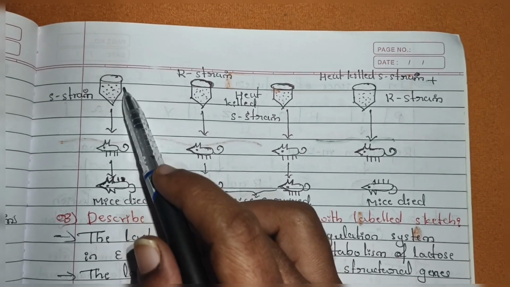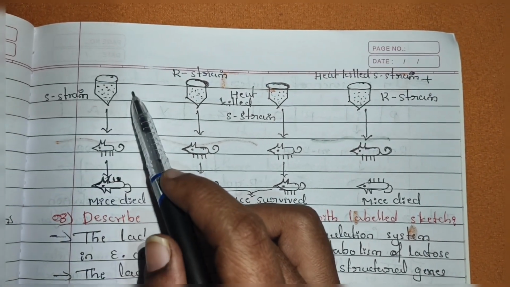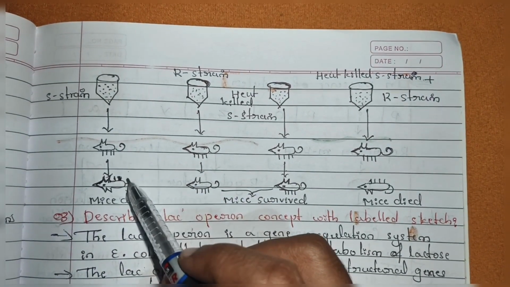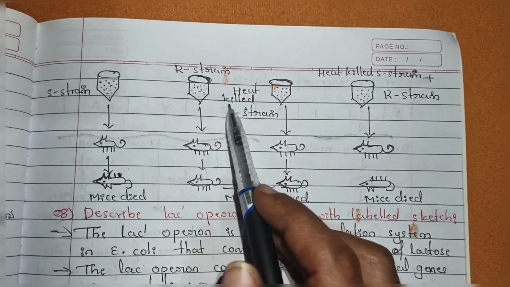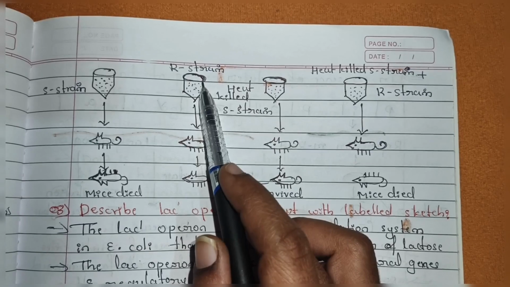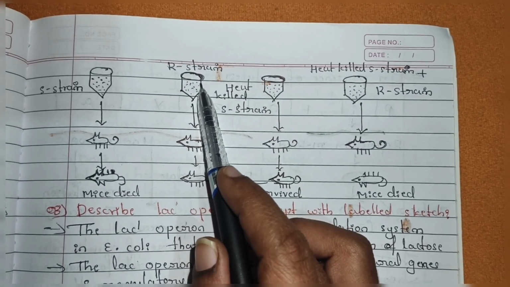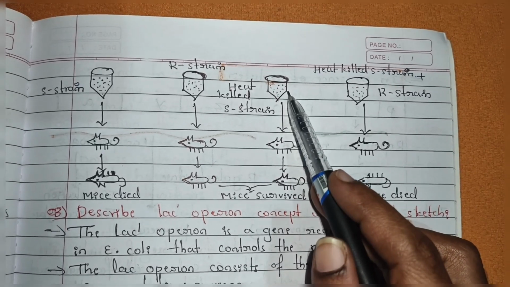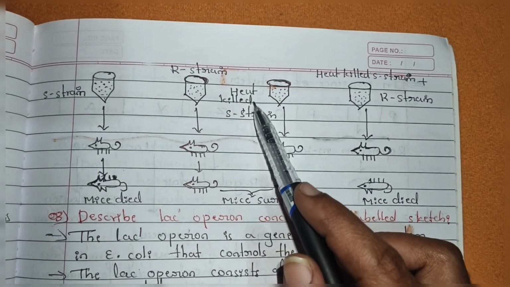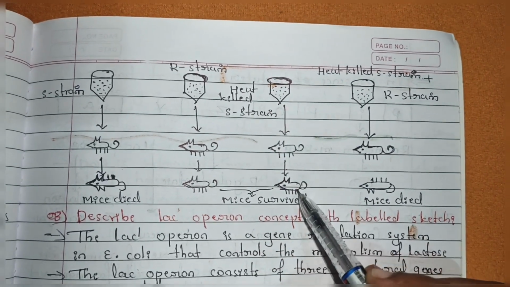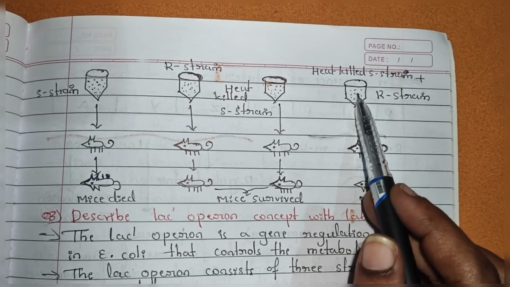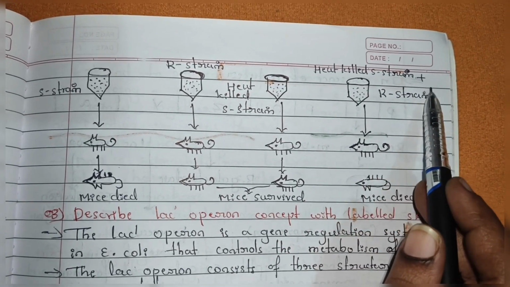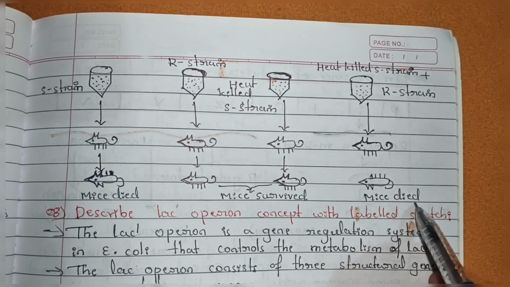In one mouse they injected the smooth Streptococcus bacteria, the S strain, and the mouse died. Next, he took another mouse and injected the R strain, and the mouse lived. He took a third mouse and injected the heat-killed S strain, and the mouse lived. In the fourth mouse he injected heat-killed S strain plus R strain, and the mouse died.